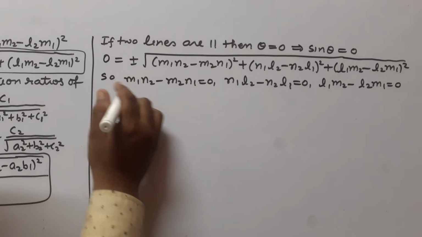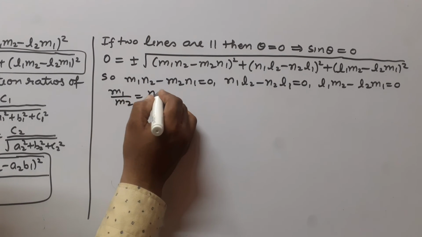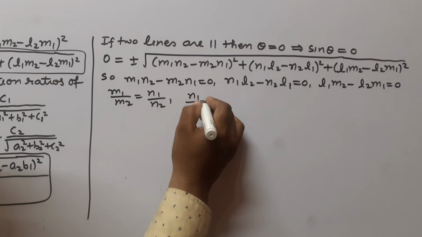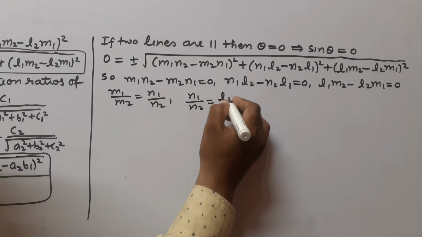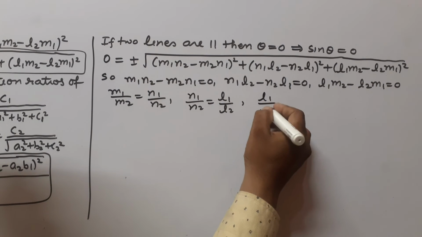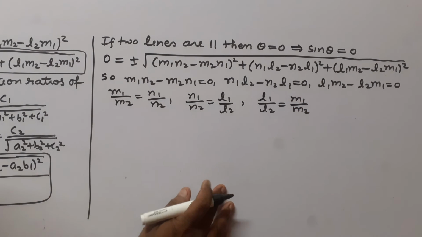Now this can be written as M1 upon M2 is equal to N1 upon N2. From here we can write N1 upon N2 is equal to L1 upon L2, and from here L1 upon L2 is equal to M1 upon M2.